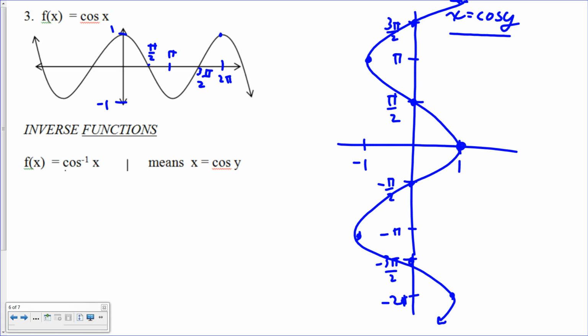You only can have one on a function. So in order to make this a function, we have to make a cutoff of this inverse such that each x has exactly one y. And so you've got to figure out where that cutoff is going to be.